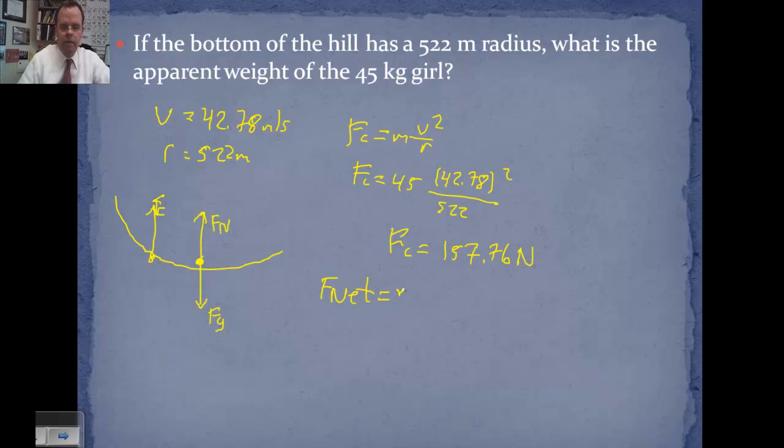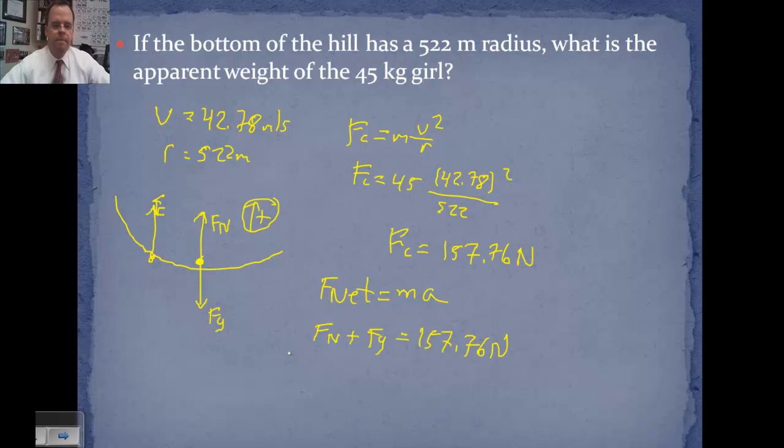F net equals MA. But we already know F net, so we will do Fn plus Fg equals 157.76 newtons. I'm going to make up positive.